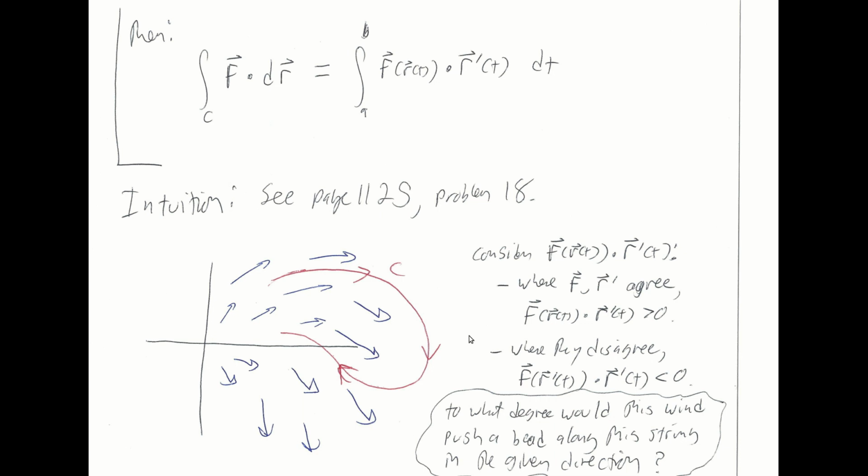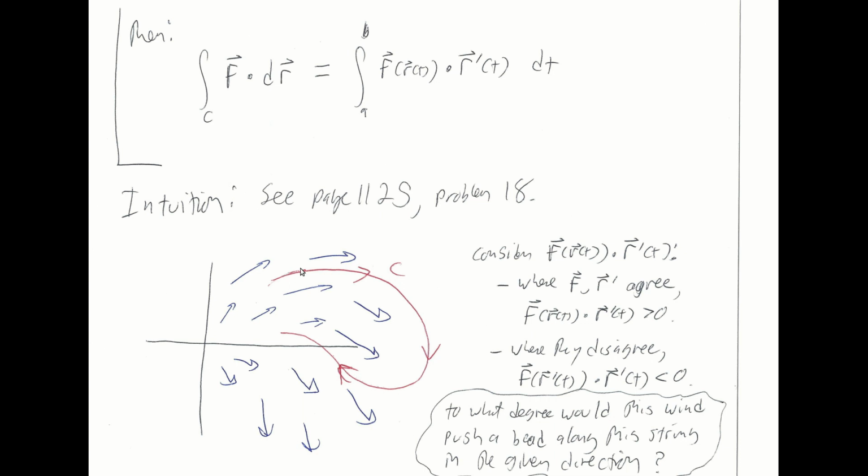A good intuitive way to think about it is if I let my vector field be a wind pattern. So I'm seeing the direction and the intensity in which the wind is blowing at different points. If I let my curve be a string, to what degree would the wind tend to push a bead along the string in the indicated direction?